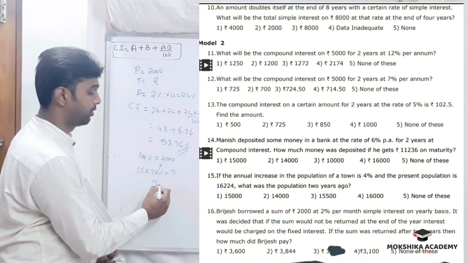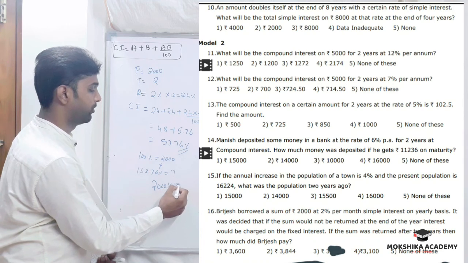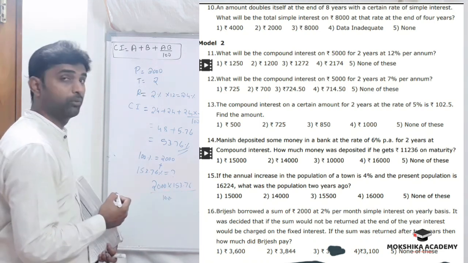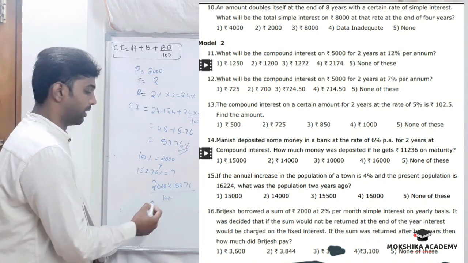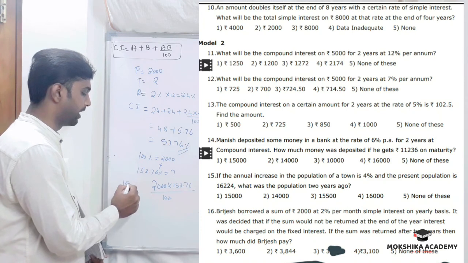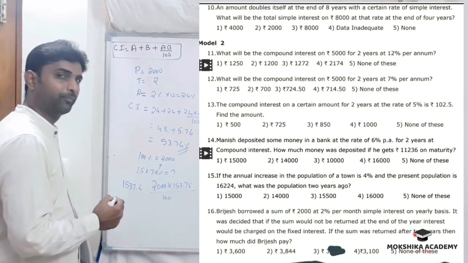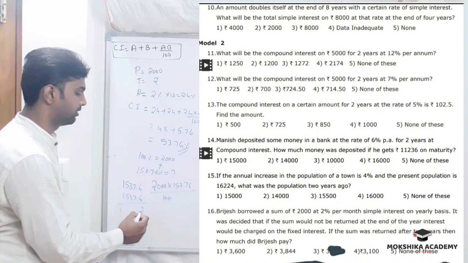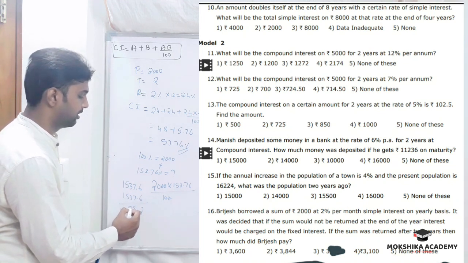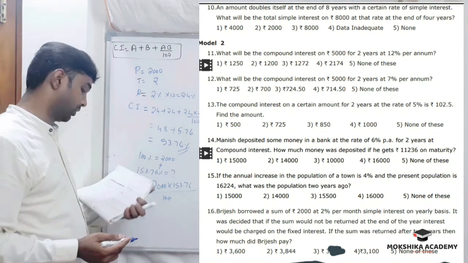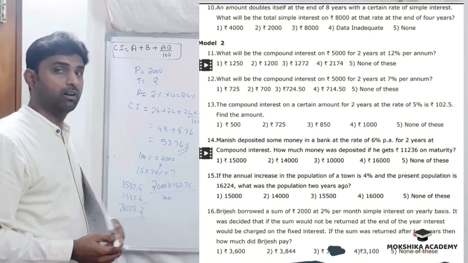Cross multiply: 2,000 into 153.76 divided by 100. 20 will get cancelled. 10s of 153.76 is 1537.6. Again, one more 10s, 1537.6. So this will be 3075. That is option number 3.